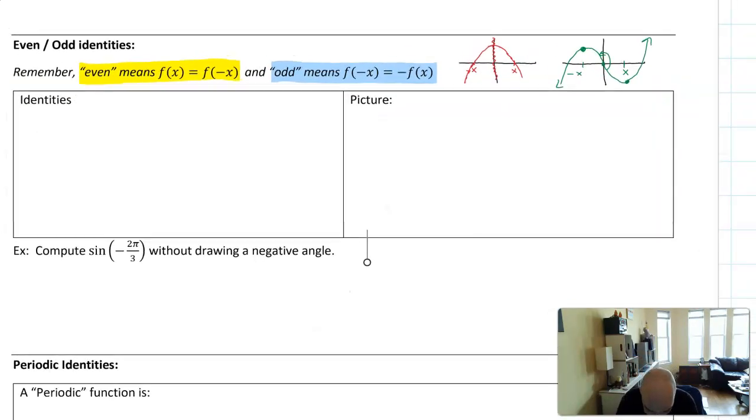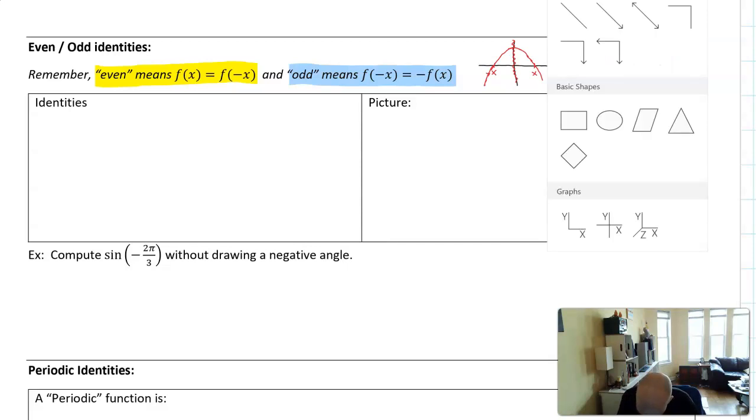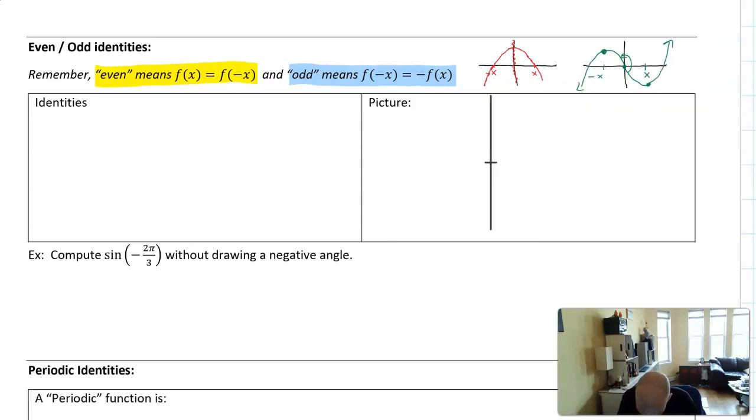Now, when we talk about trig, we are not talking about the graphs of trig functions yet. We're actually talking about the unit circle. So when we talk about positive and negative, we're actually talking about angles going clockwise or counterclockwise. So for example, here's our coordinate system. Here's our initial side of an angle.